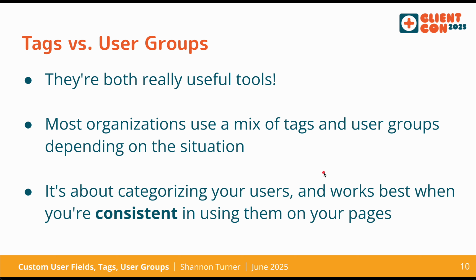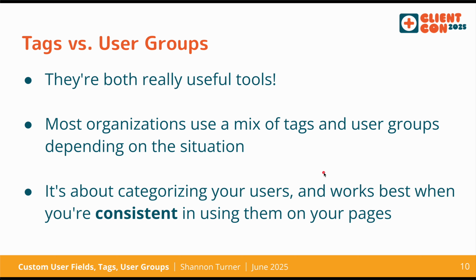So both tags and user groups are very useful. And most organizations use a mix of tags and user groups depending on the situation. It's really about categorizing your users, and I think it's best when you are consistent in using them on your pages. So a lot of ActionKit clients who have been with us for a long time, before user groups were added, they tend to have more tags.